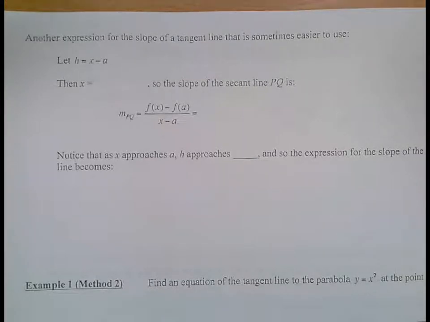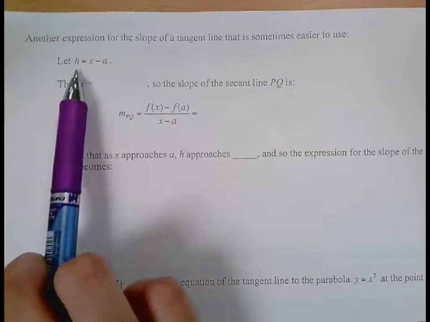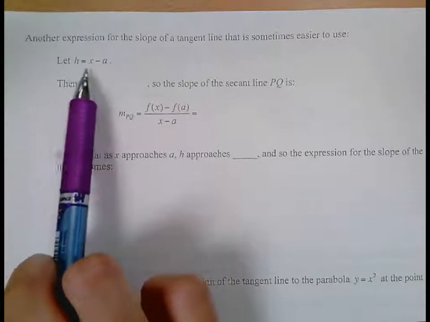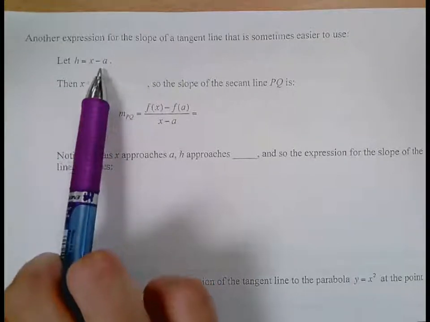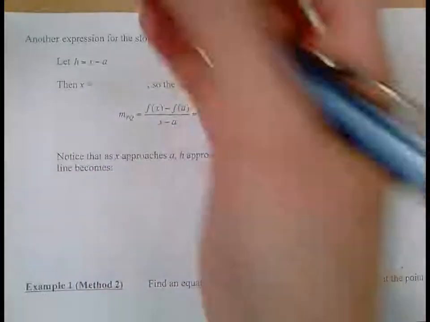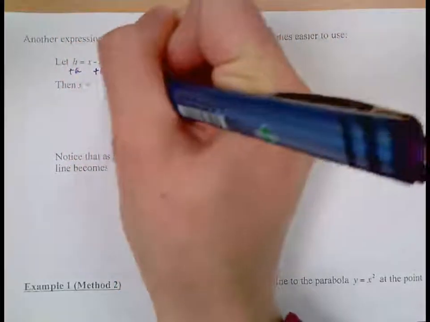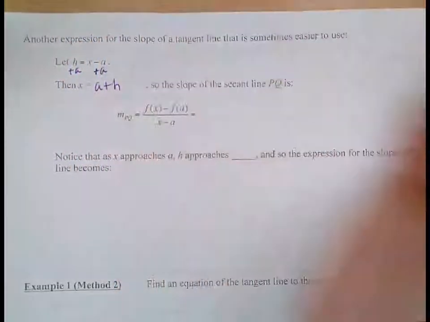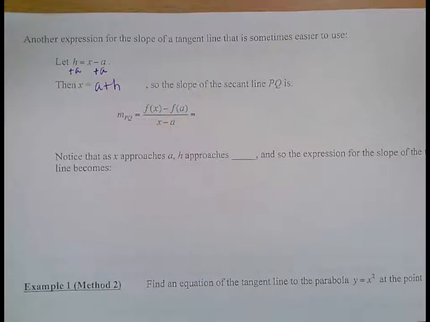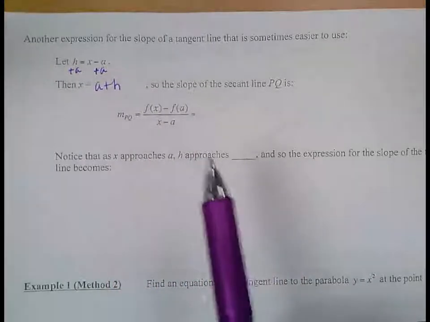So this expression, when we get to it, will probably look familiar to you. It involves h. So if we let h be equal to the expression x minus a, then if I solved this equation here for x, so I added a to each side, x would equal a plus h. So therefore, what I'm doing is I'm rewriting the formula we already have to get this new formula that involves h.